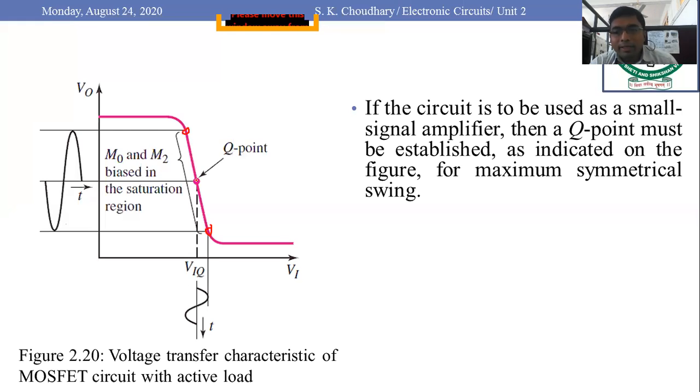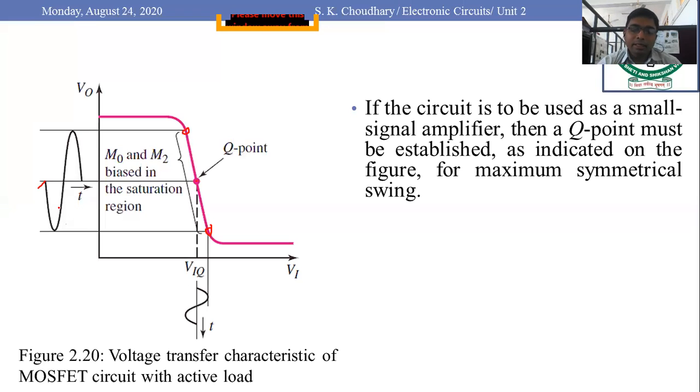When you apply an input voltage of any amplitude, for example a sinusoidal signal, at this Q point, with a time varying input voltage, you would get a symmetrical swing at the output terminal, and you would obtain an amplified version of the output voltage.